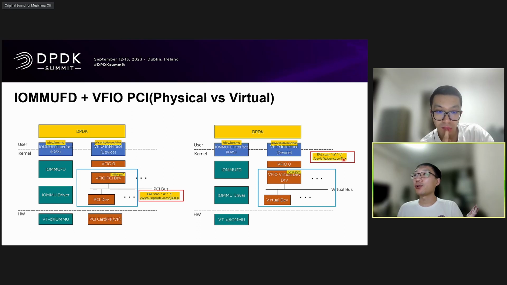With this info, we can apply our scan, allow list, and deny list strategy to make sure we find a qualified device. So in this way, we are introducing the virtual VFIO PCI type, which is still a device reporting as VFIO PCI type, but backed by a virtual device.